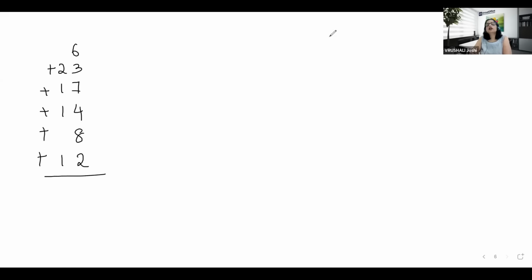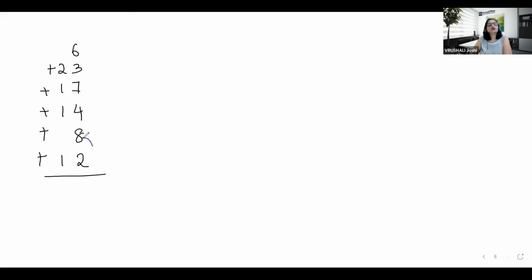So let's say if I give you 6 plus 23 plus 17 plus 114 plus 8 plus 12. Now the only thing you will do is look for a combination of 10.